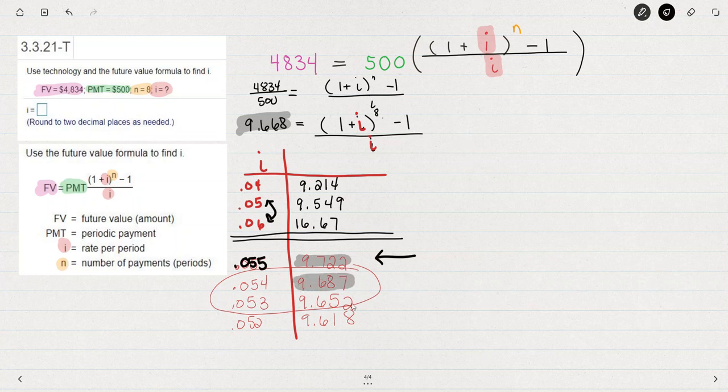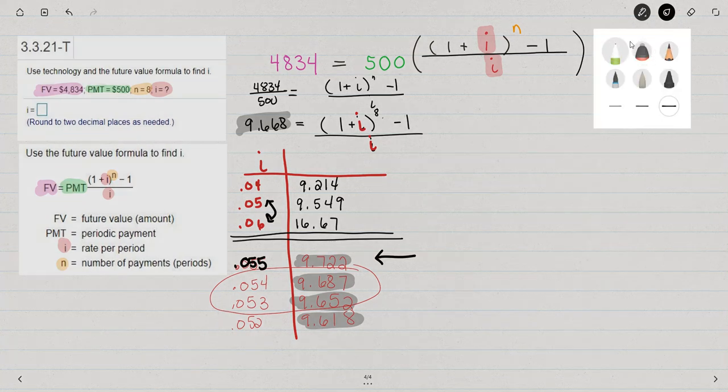So I'm going to keep going lower. When I put the 0.053 in, I got 9.652. 0.052, I got 9.618, and voila, I can see that I'm actually going to be somewhere. Oh, actually, I didn't need to do that 0.052, did I? I already circled this.